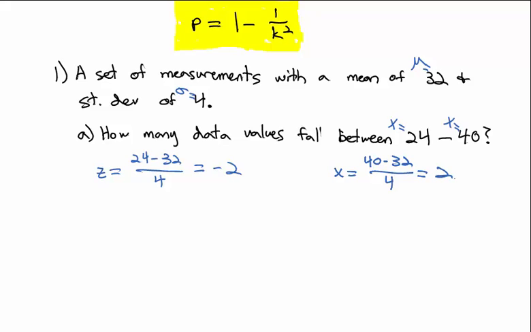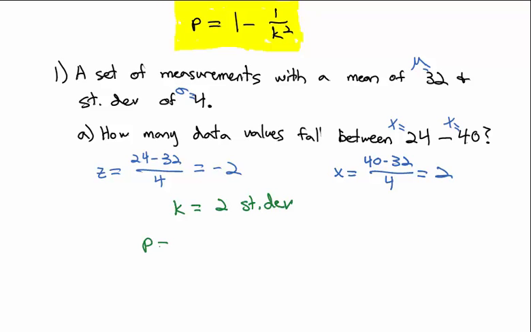So we're going 2 below, 2 above, we are interested in being within 2 standard deviations of the mean. 2 standard deviations. That's what we're going to use for our k.